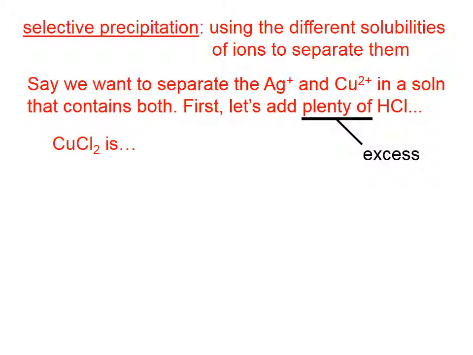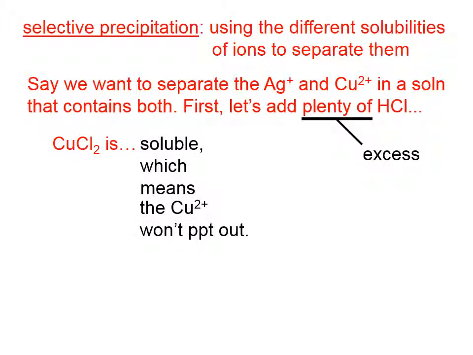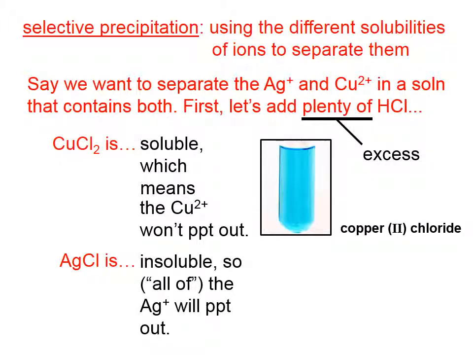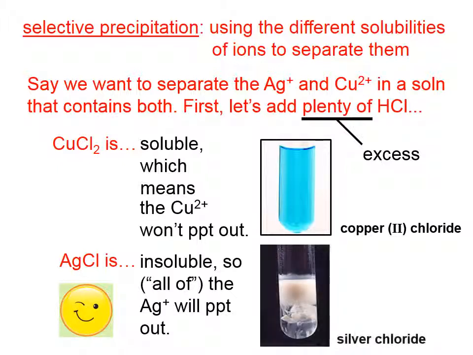Now we should know this, that copper 2 chloride is soluble, which means that those copper 2 ions that we're interested in will not precipitate out after we've added this acid. Silver chloride, on the other hand, is insoluble, so all of the silver ion will precipitate out as AgCl.